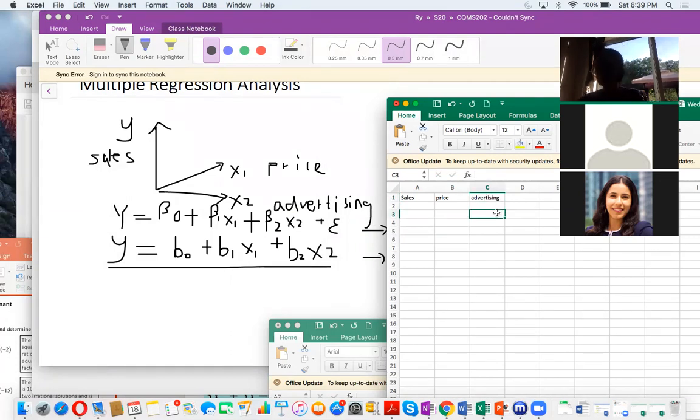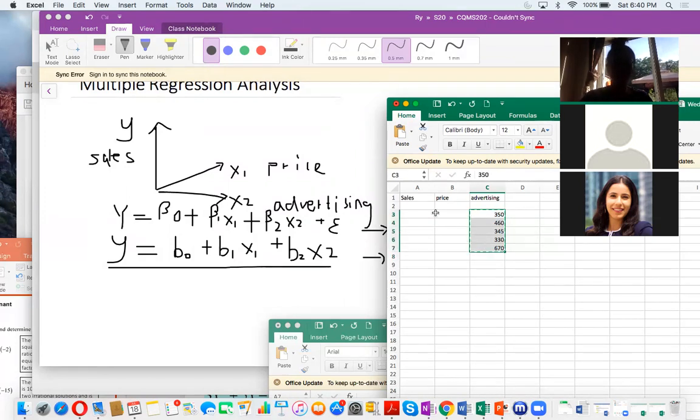I'm going to randomly type in some data, okay? 350 is the sales, 460, maybe 460, 340. I just randomly type in some numbers, just to get the idea, okay?